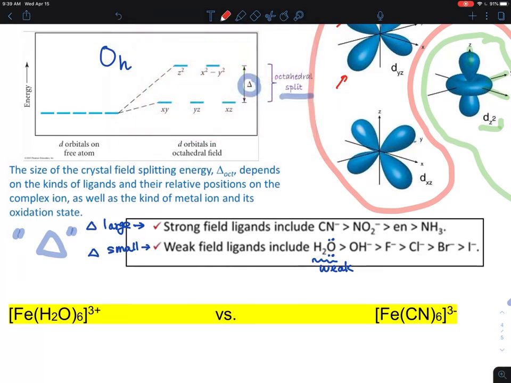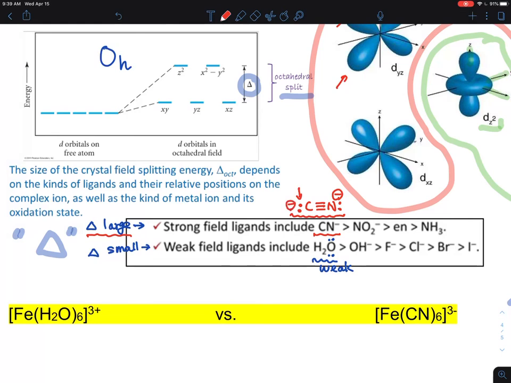The one I really need to highlight is this: CN minus, the cyanide group, called cyano in the nomenclature. This looks like a torpedo. It is very, very strong. It has a polarity in it, and it has this lone pair that loves to coordinate.